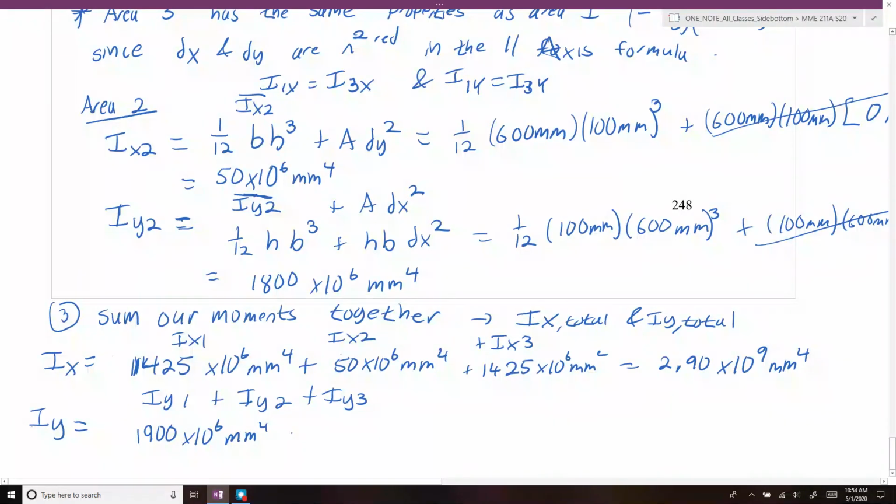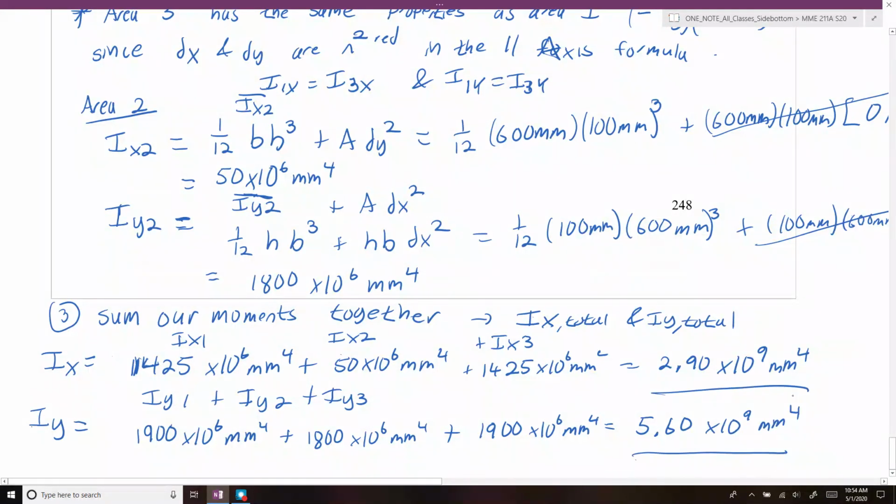Then Iy2 would be equal to 1800 times 10 to the 6th millimeters to the 4th, and then Iy3 is equal to Iy1, so it would be equal to 1900 times 10 to the 6th millimeters to the 4th. If we add those all together, we end up getting 5600 times 10 to the 6th millimeters to the 4th, or 5.60 times 10 to the 9th millimeters to the 4th. So those are our two answers.